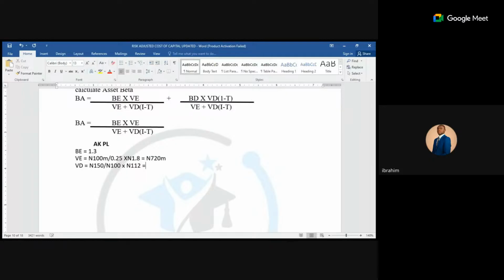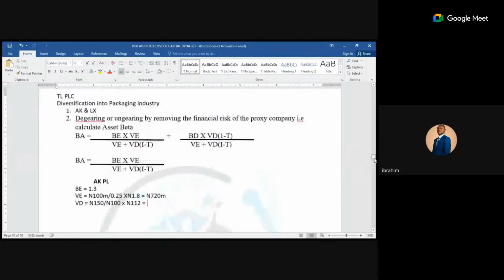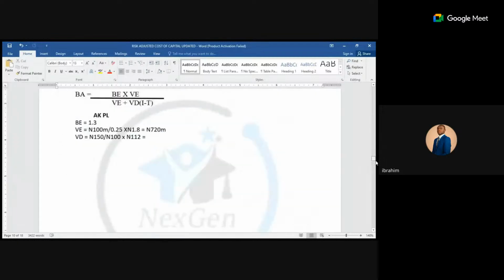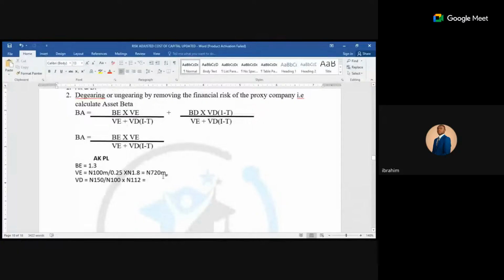Don't forget, class, that if there were a bank loan for AK PLC, we would have added the bank loan to the market value of debt, just like we did in the previous illustration. Now, in this question, there's no bank loan. So what do we have here? 168 million.